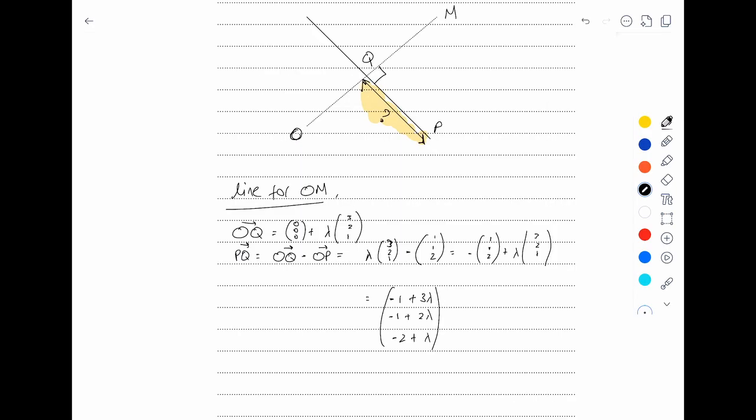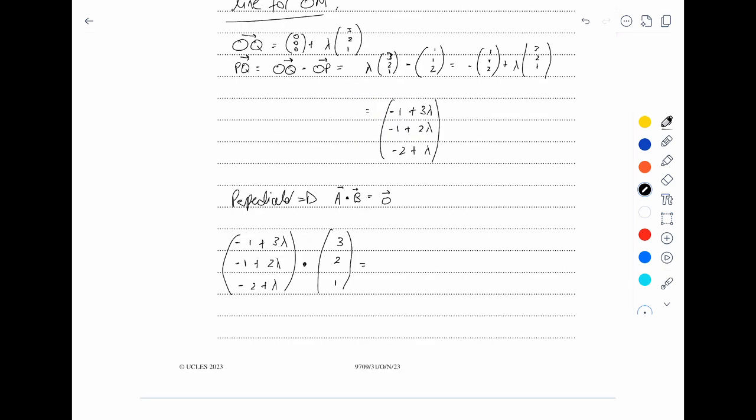Since PQ would equal -1 plus 3 lambda, -1 plus 2 lambda, and -2 plus lambda, we can multiply that by 3i, 2j, and 1k to get 0. Okay, which ultimately gives us lambda equaling a half, as you can see from the working out.